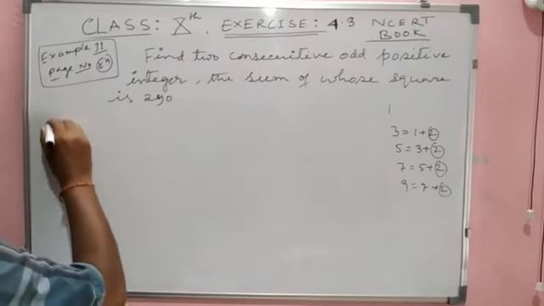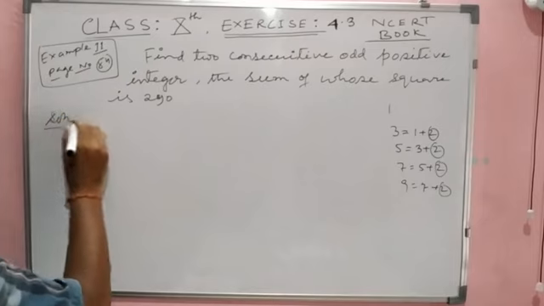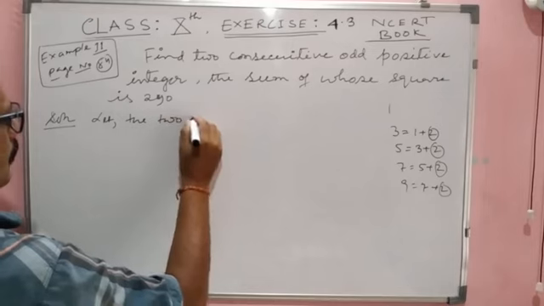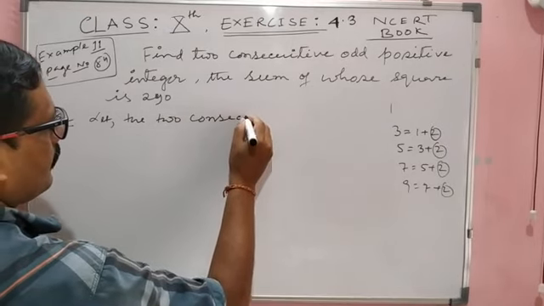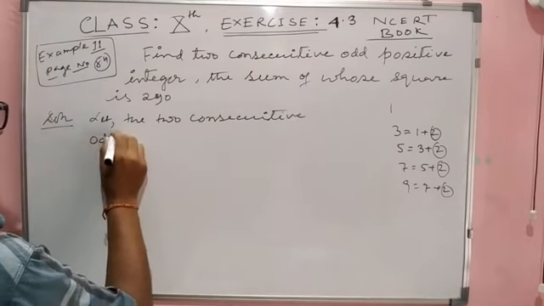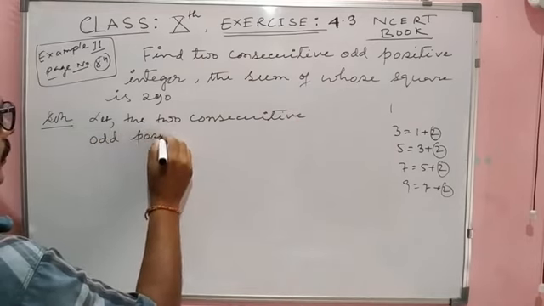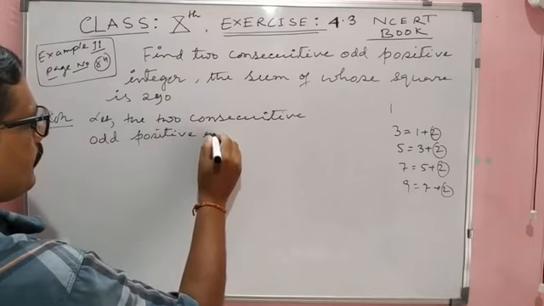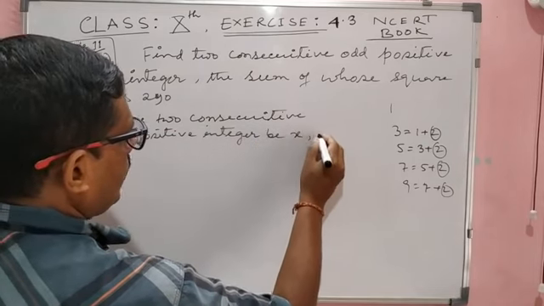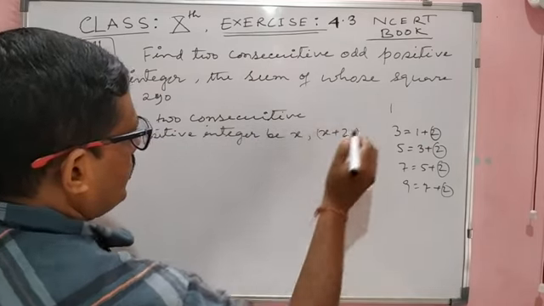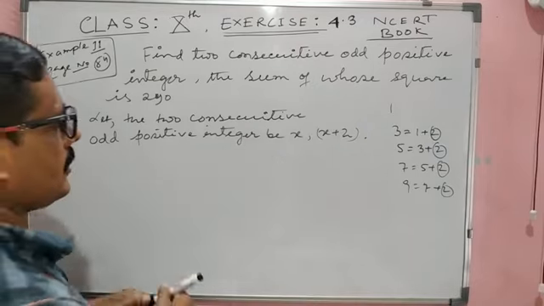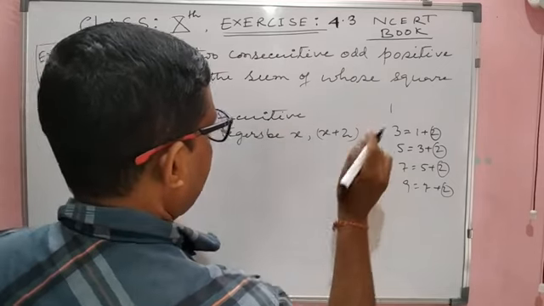So let the two consecutive odd positive integers be x, x plus 2.